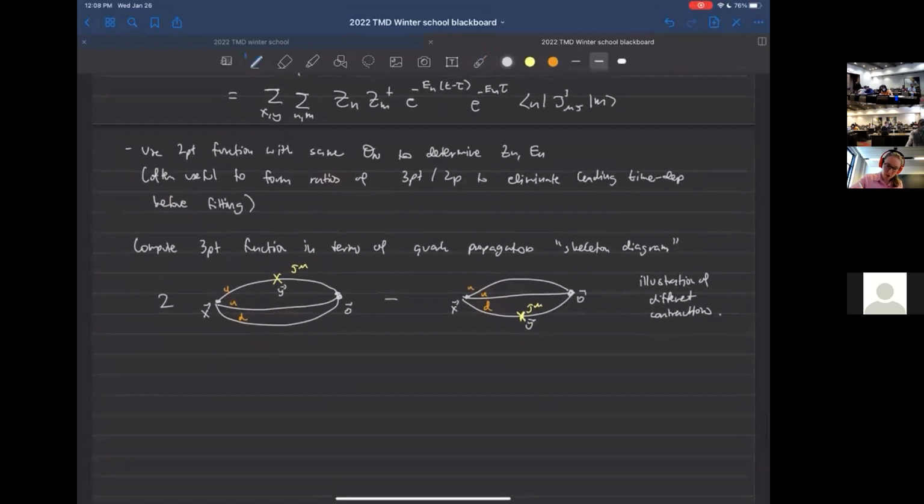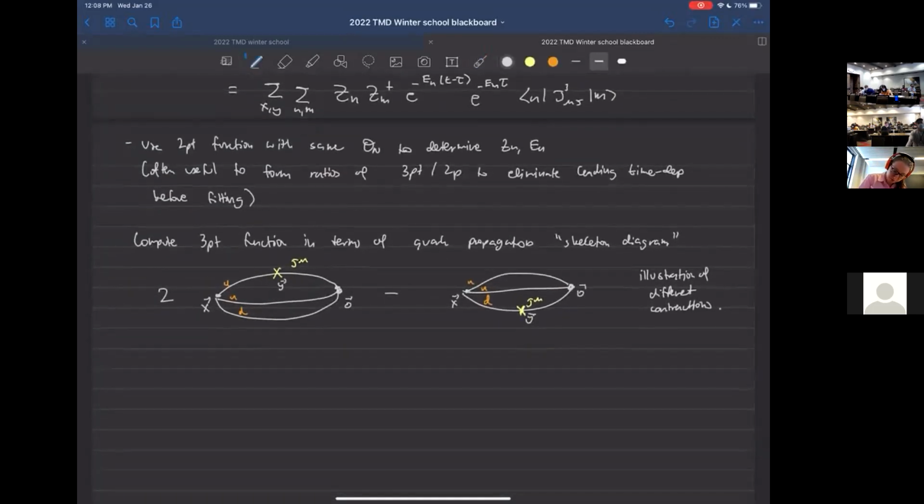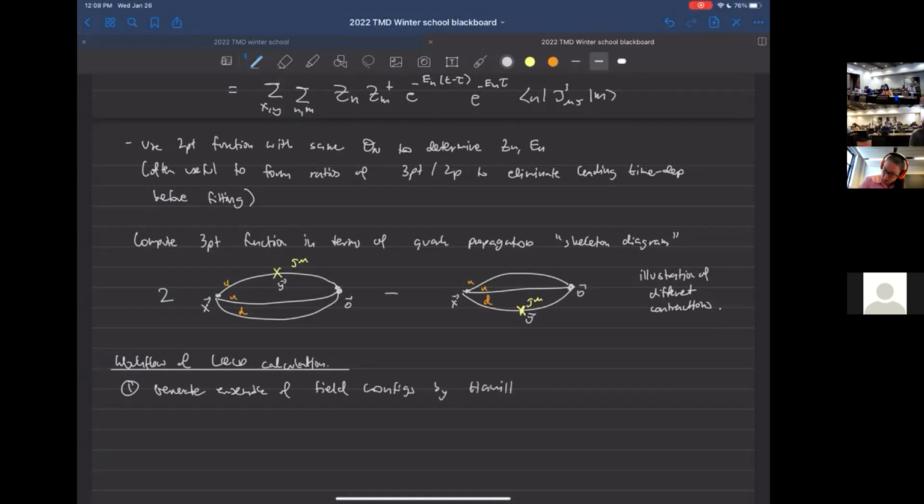Okay, so to summarize where we're at, the workflow of a lattice calculation. One, we generate this set of field configurations, by Hamiltonian or hybrid Monte Carlo, like we talked about last time.